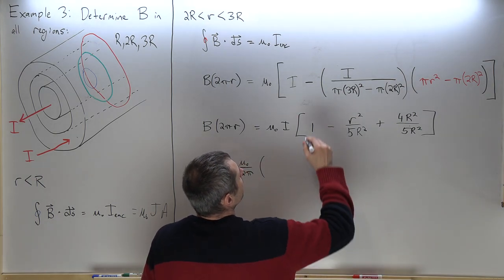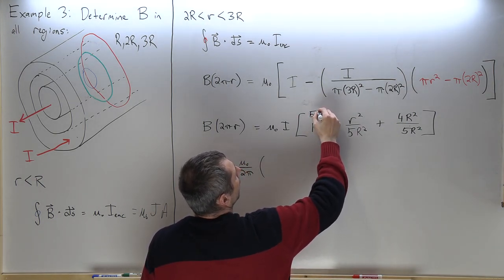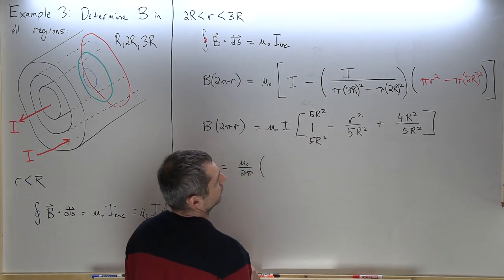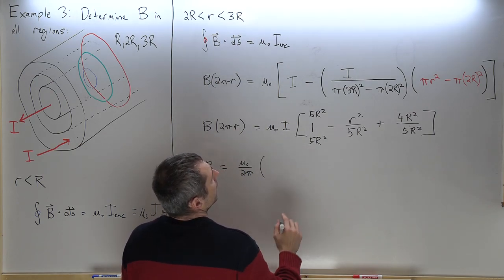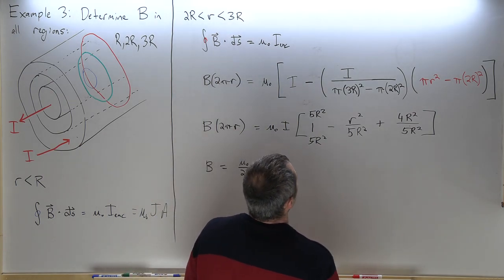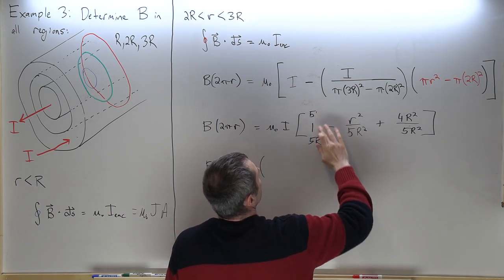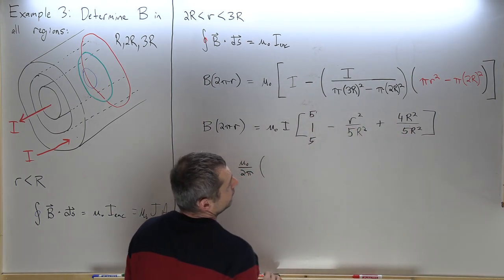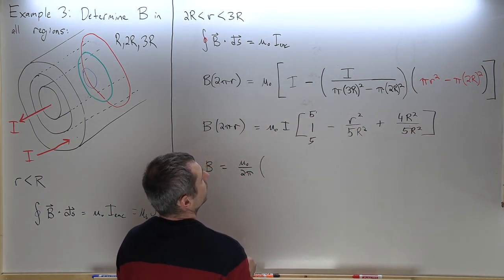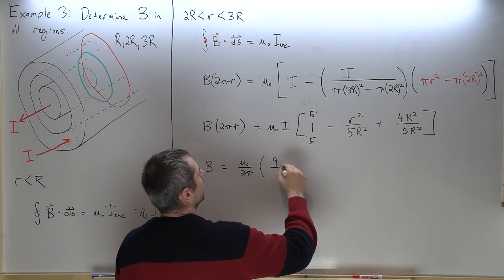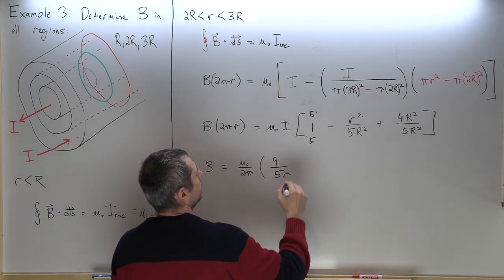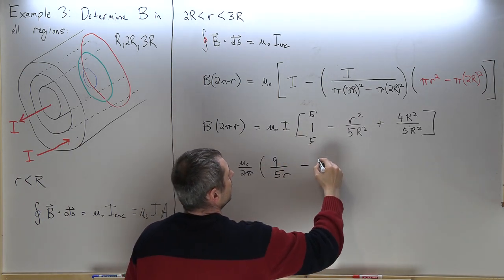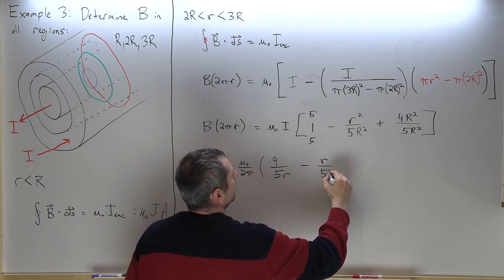I want to do this 5r squared over 5r squared to find a common denominator between these two terms. The r squareds cancel. So this is 4/5 and 5/5 added together gives us 9/5 divided by this r. And then here, this r squared divided by that r gives us r over 5r squared.